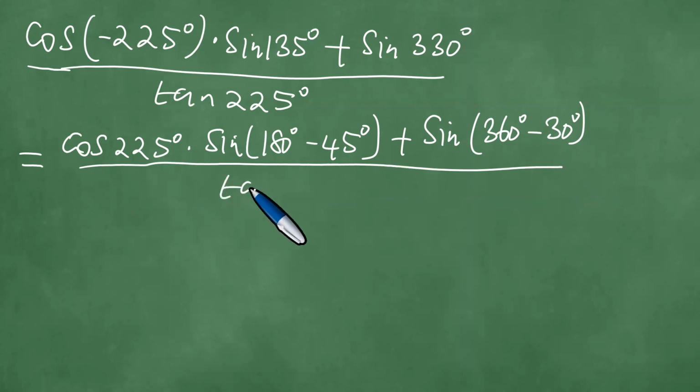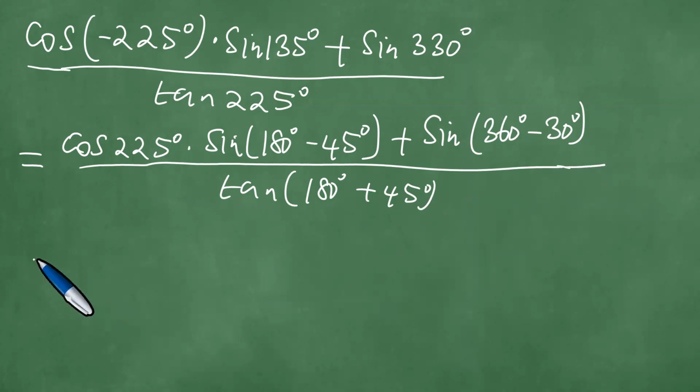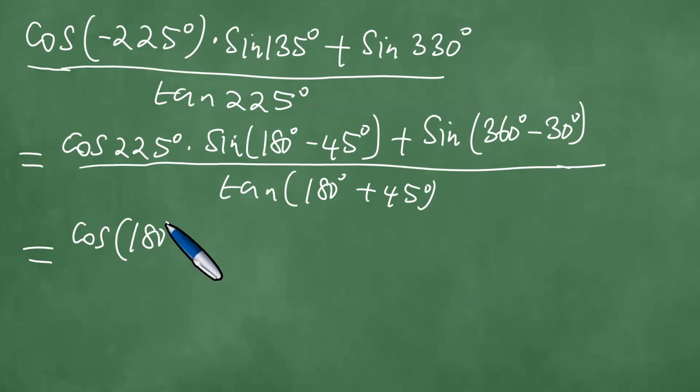And the denominator is the same as the tangent of 180 degrees plus 45 degrees, which is 225 degrees.